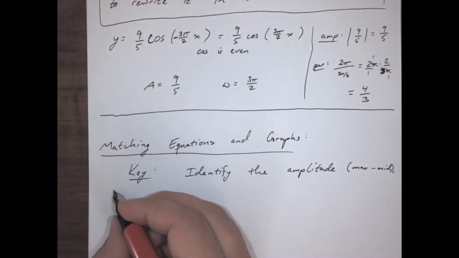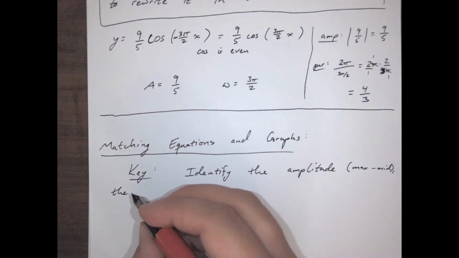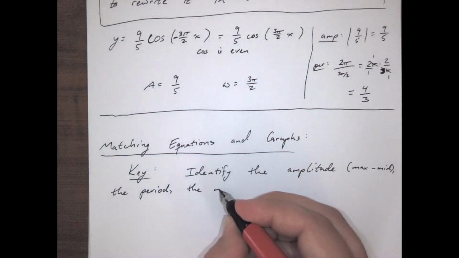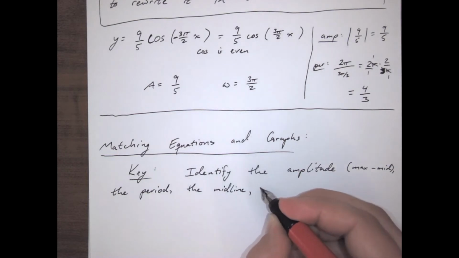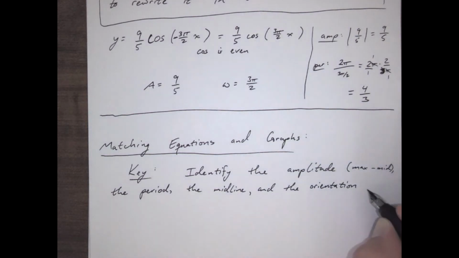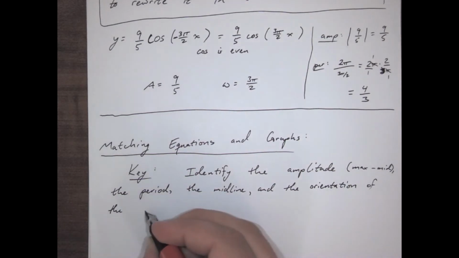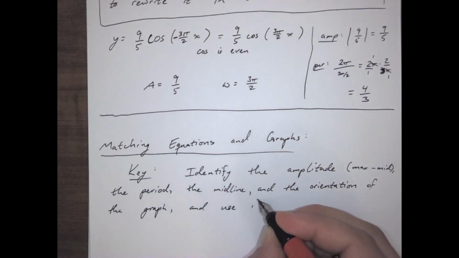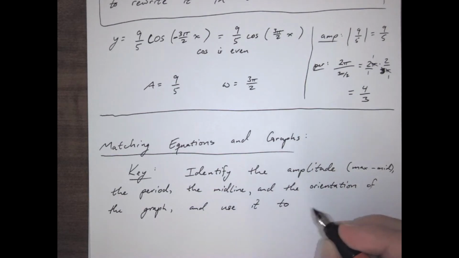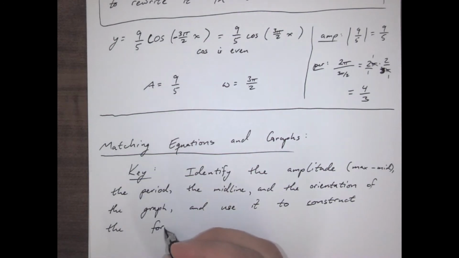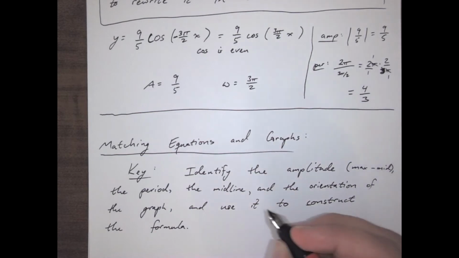Identify the amplitude, the period, the midline, and the orientation of the graph. And use it to construct the formula. Or use them.